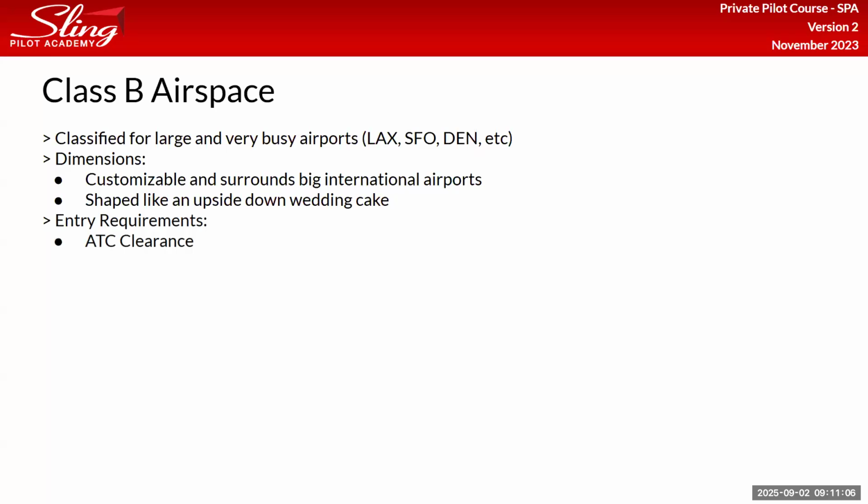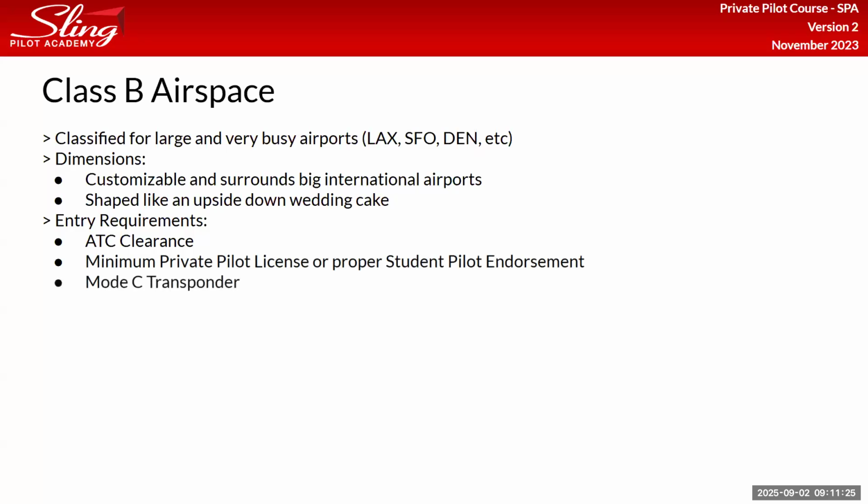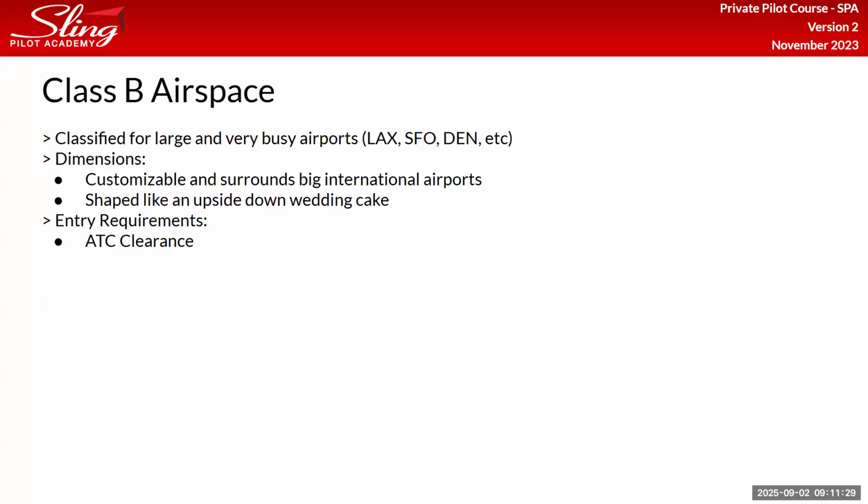Entry requirements. A big point about Class Bravo: it is the only airspace that you need to hear specific words in order to fly into. You have to establish two-way radio communication with ATC, but the clearance has to be cleared into the Bravo.